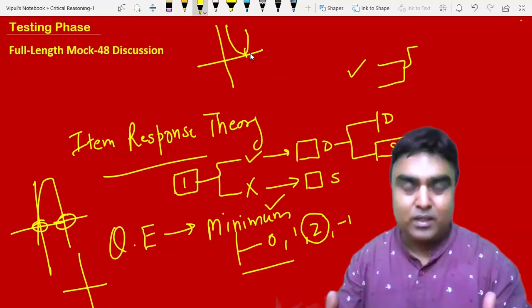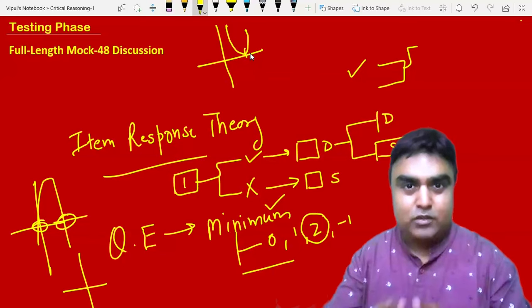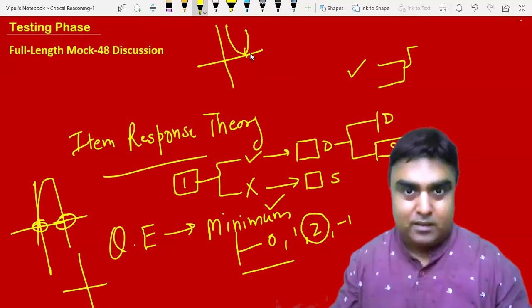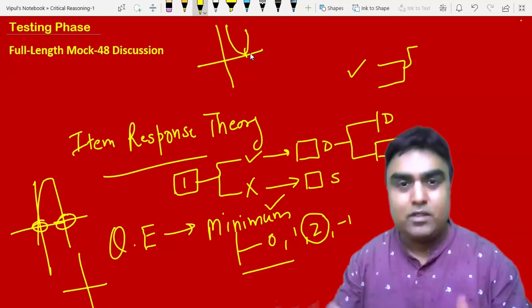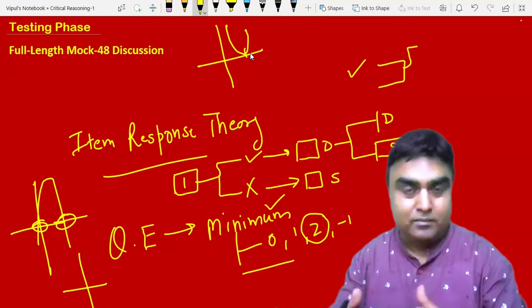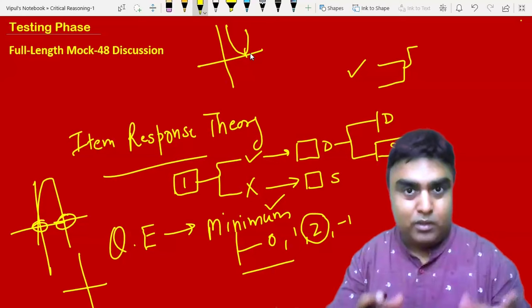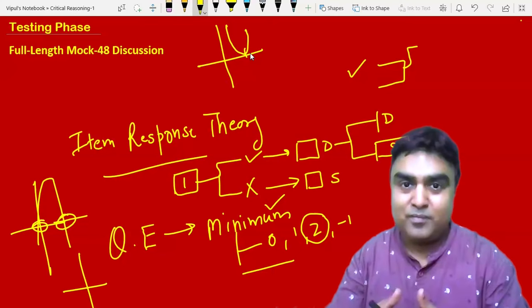You don't need to do that. A passage may be very difficult to understand, but if you go to the question, it would be asking something very easy to understand after reading the passage.